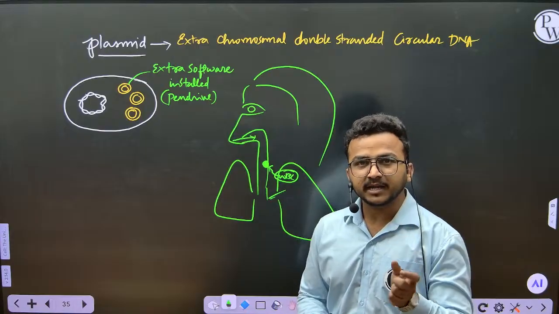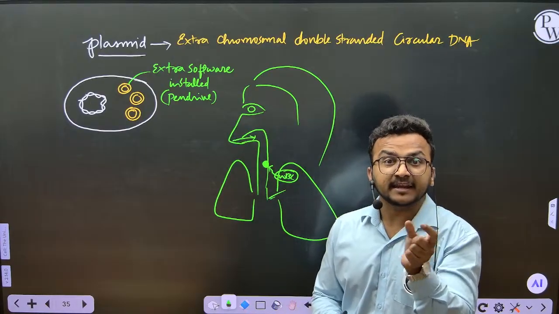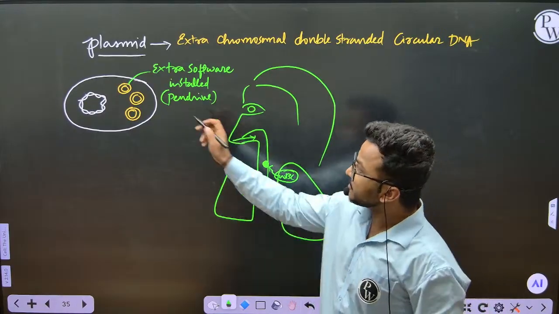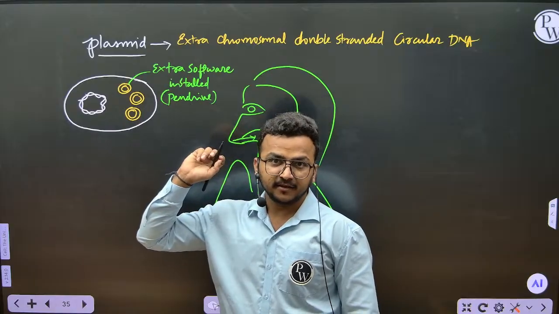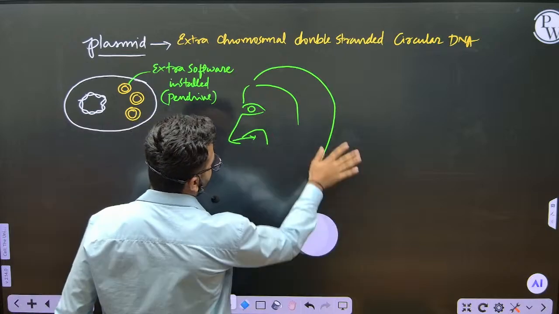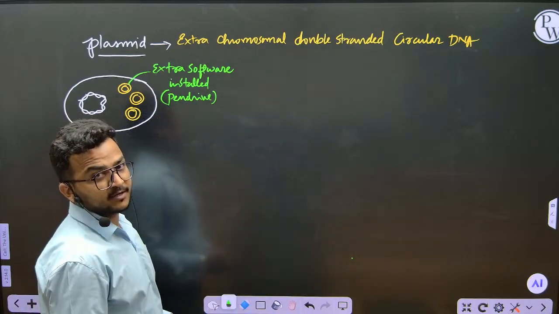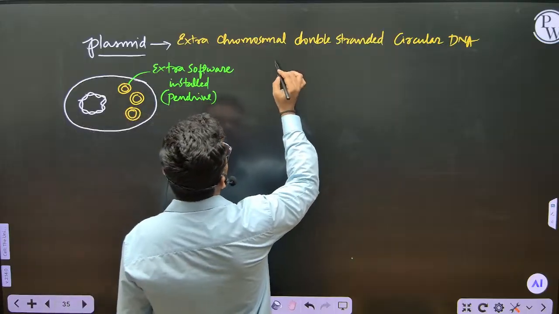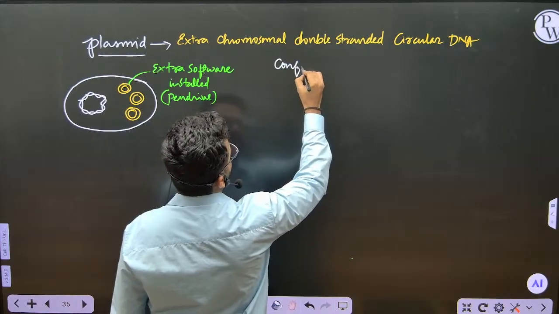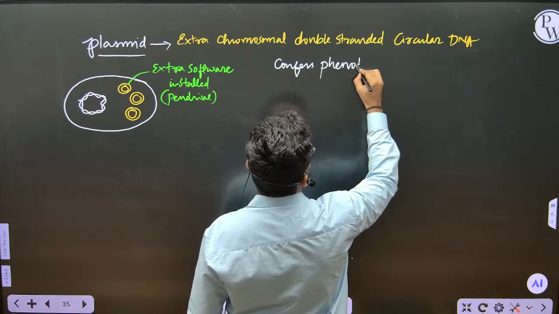That is nothing but antibiotic resistance. That antibiotic resistance is expressed by these plasmid genes. So plasmids are nothing but extra installed software, which confers some phenotypic characters.